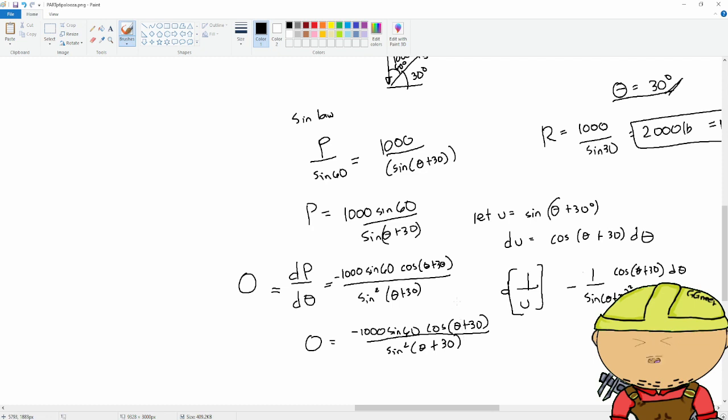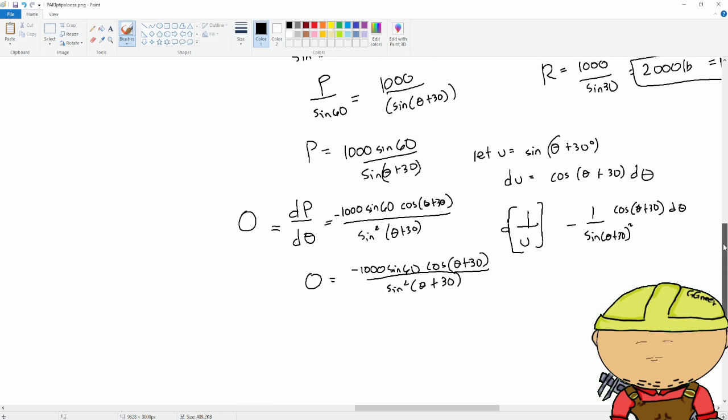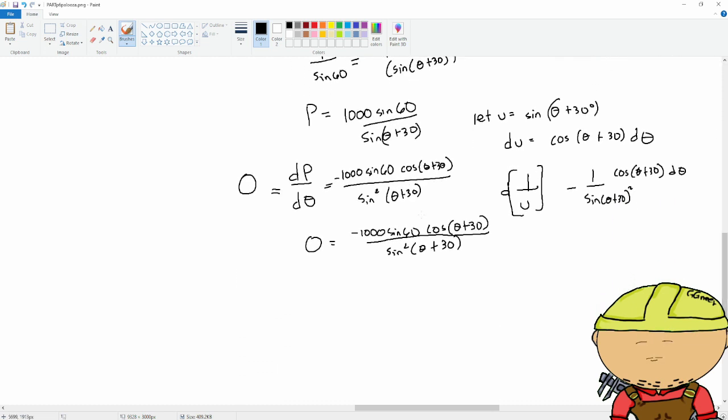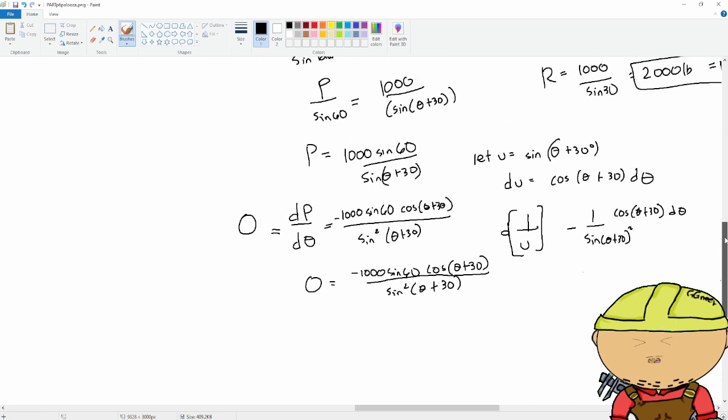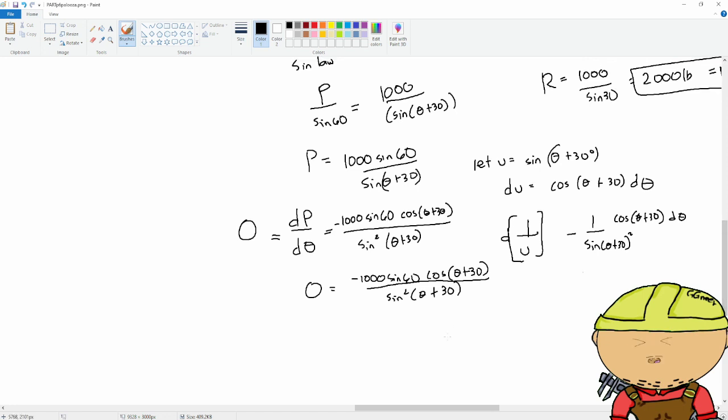Multiply both sides by sine squared of theta plus 30. Divide both sides by 1,000 sine 60. Will there be any values here? No.